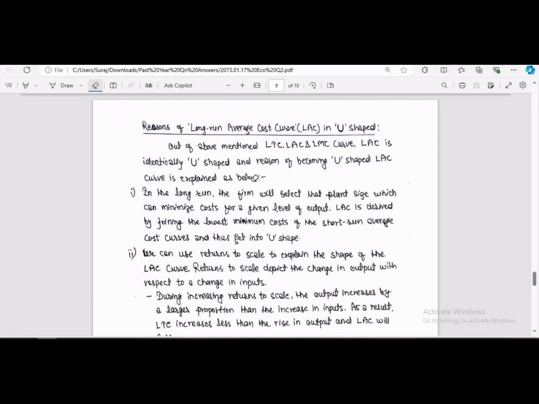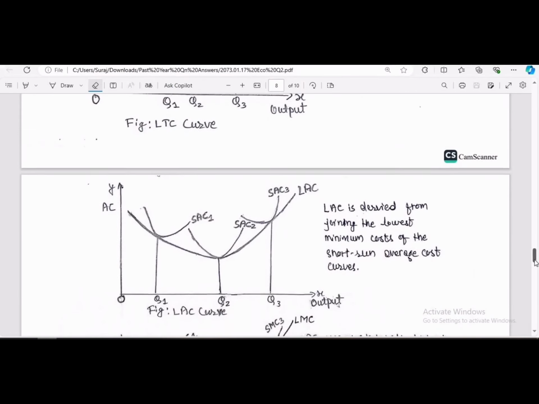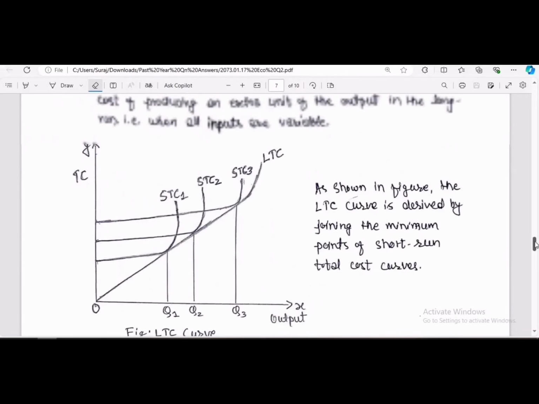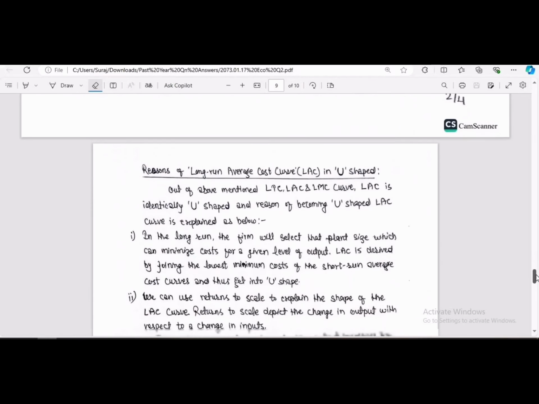Now we have to explain the reason behind the U-shaped LAC. At point number 1 we are just going to elaborate how the LAC curve is derived.